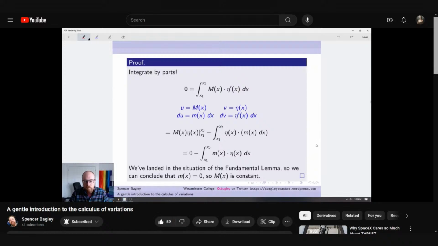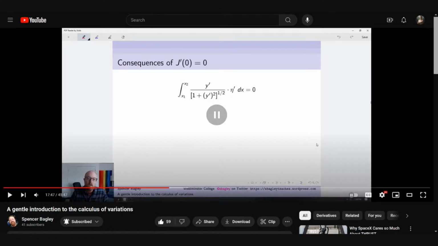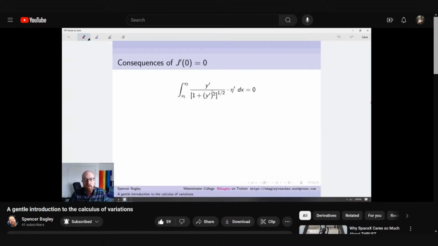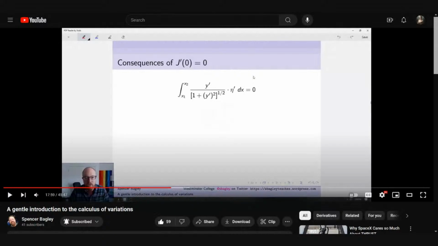Okay, neat. What are we going to do with that? Consequences of j prime at 0 equals 0 is this thing. Well, here's what we have. We have some thing that is multiplied by the derivative of some variation, and we're integrating that, and we're getting 0. That was the consequence of saying that j prime of 0 ought to be 0. So we were already here, I think, and then we detoured for the lemma.